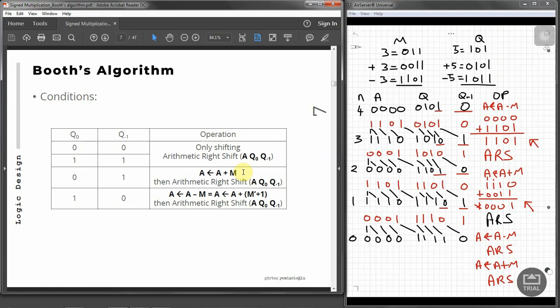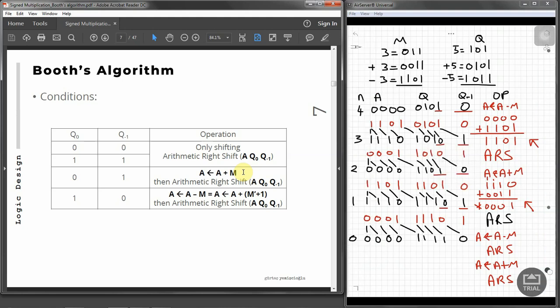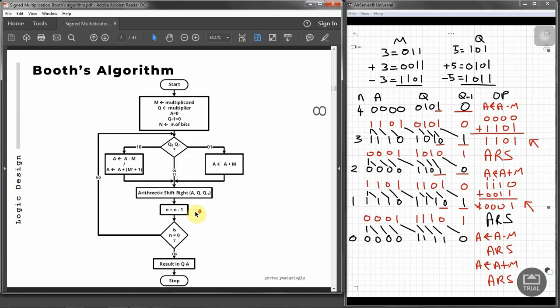That means we have to stop there. This value or this number is going to give us the result of our multiplication. So as it says over here, the result in Q and A. So that means the accumulator and the multiplier output will actually give us the result of it.